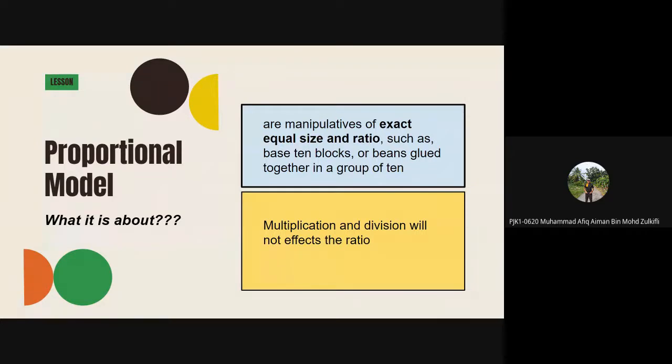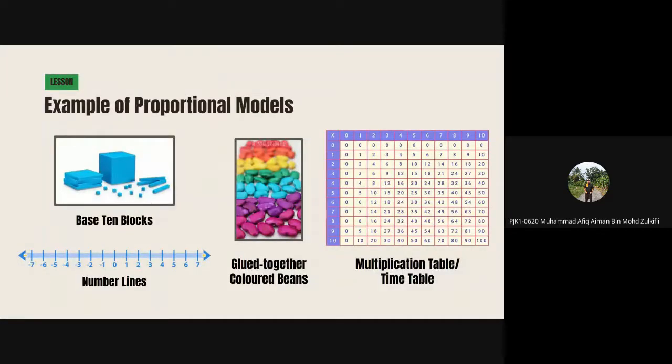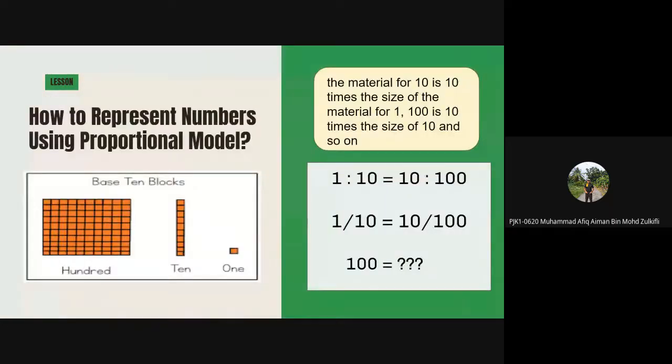It's all about size and ratio. Now let's talk about examples of proportional models: the base 10 blocks, the number lines, glued together colored beans, and the multiplication timetable. Later I will talk about what is proportional.